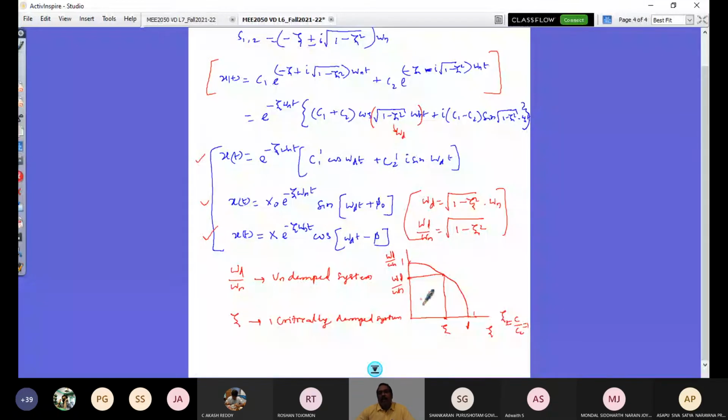We just concluded by looking at the relationship between omega d and omega n, the omega d by omega n ratio, to zeta. Here we learned that omega d is called the damped natural frequency, omega n is called the natural frequency, and zeta is called the damping ratio.